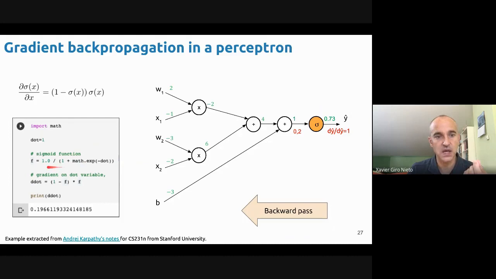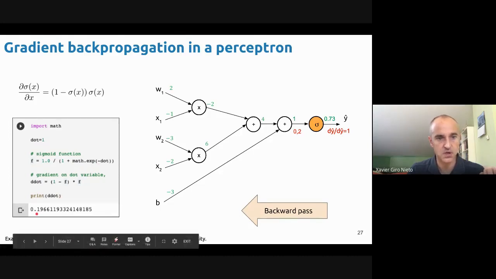So here I implement the sigmoid in code. Below you have the formulation of the derivative. And finally, as I put the dot already here, when I assess it, I get this value, 0.19. This 0.19 is what I plot here in red.